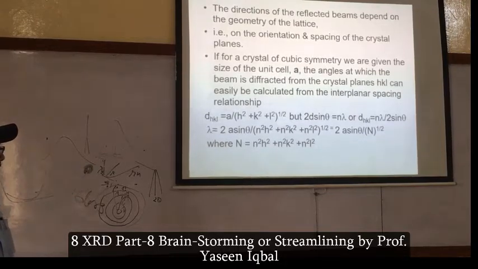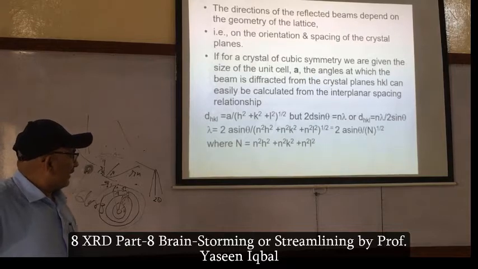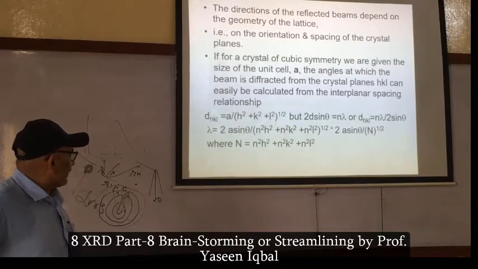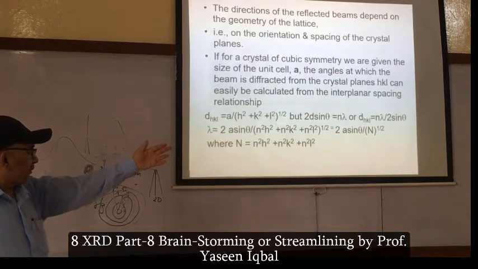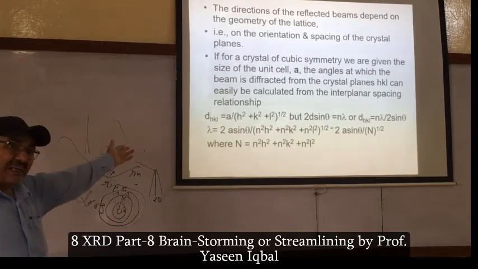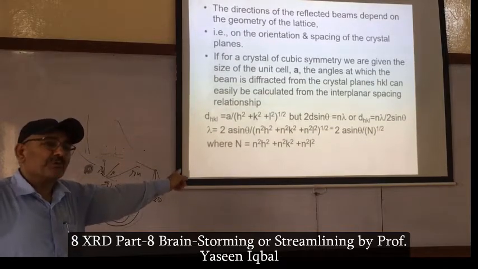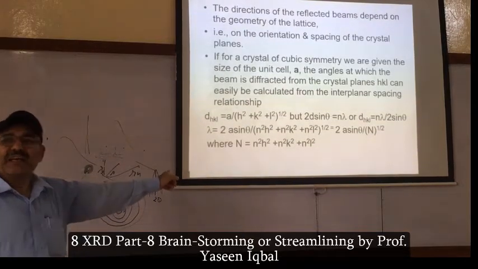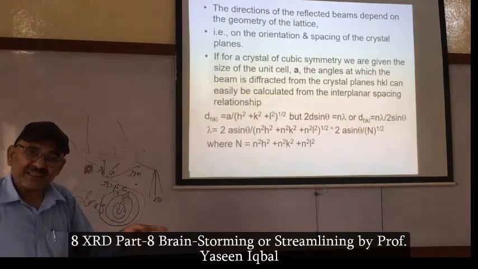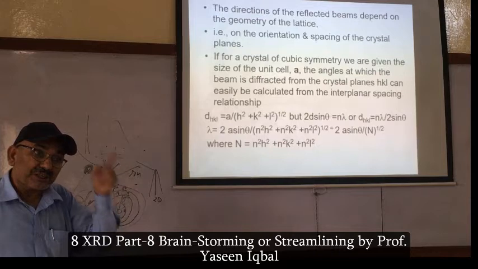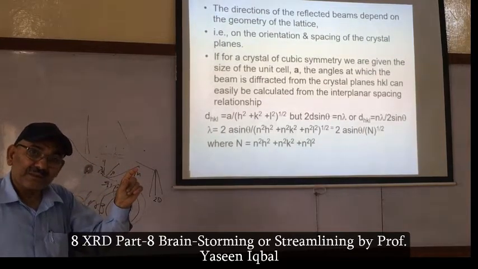And here you can measure, where n, capital N, let us do it. Lambda is equal to 2a. D100 is A, so don't confuse with that. D001 is C. D010 is B. Right?